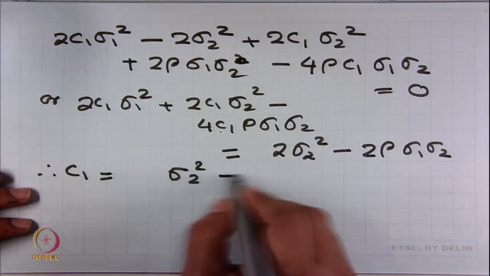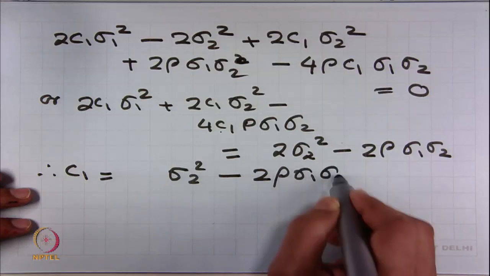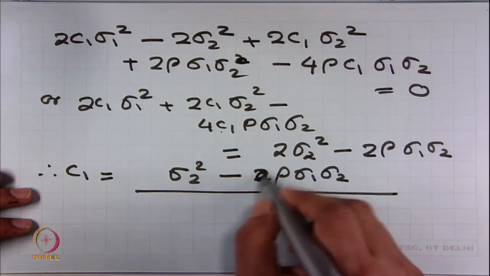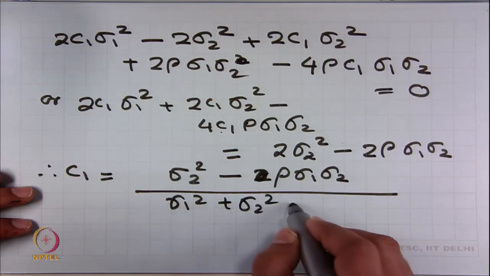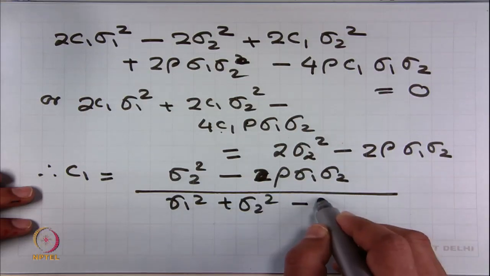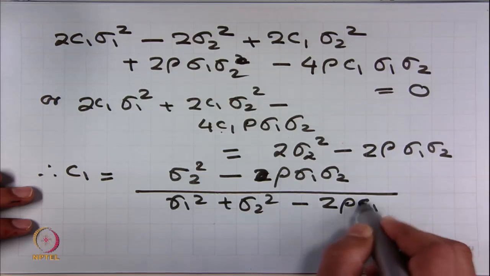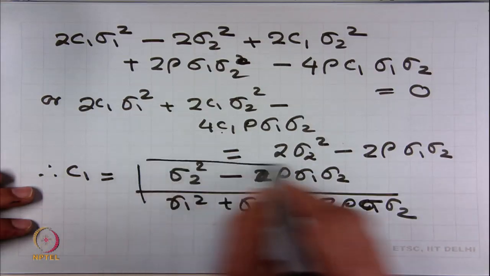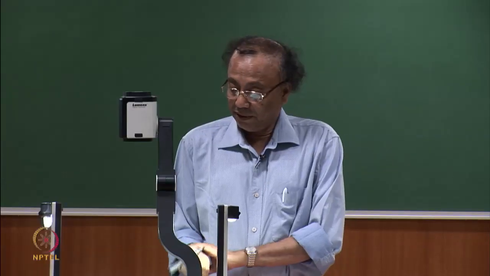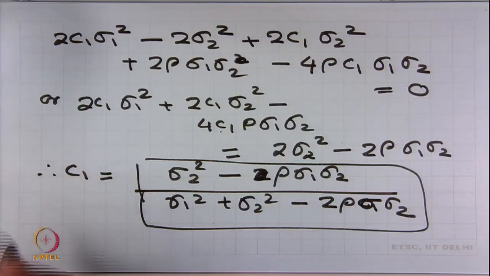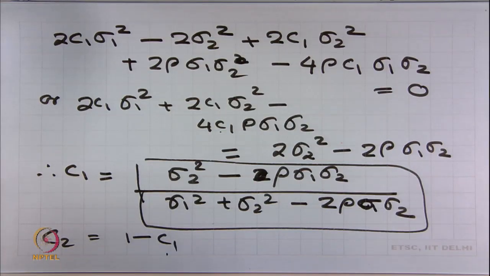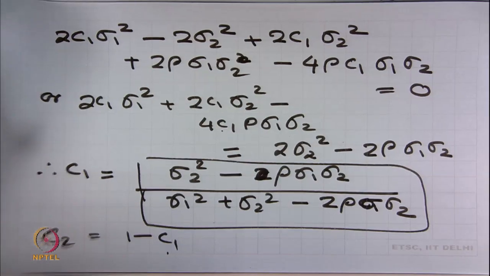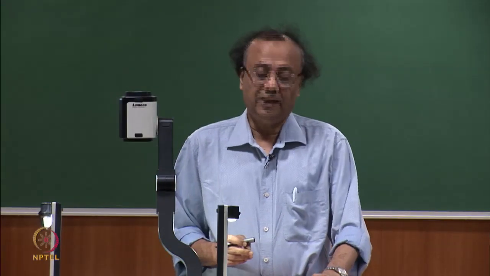sigma 2 squared minus rho sigma 1 sigma 2 divided by sigma 1 squared plus sigma 2 squared minus 2 rho sigma 1 sigma 2, or this is the coefficient for T1, and 1 minus C1 should give you C2, which is the coefficient for T2, such that C1 T1 plus C2 T2 will have the minimum variance.